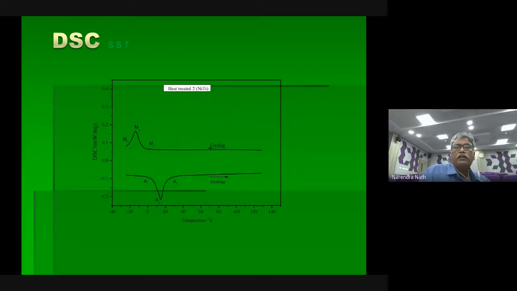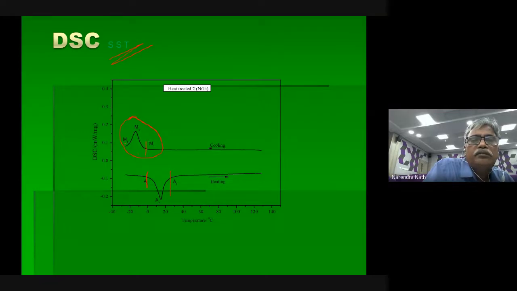Then when you see the solid solution treated sample, see here, nicely you can see beautiful prominent peaks. So martensite start, martensite finish, martensite peak. And this is the hysteresis of martensite, austenite.